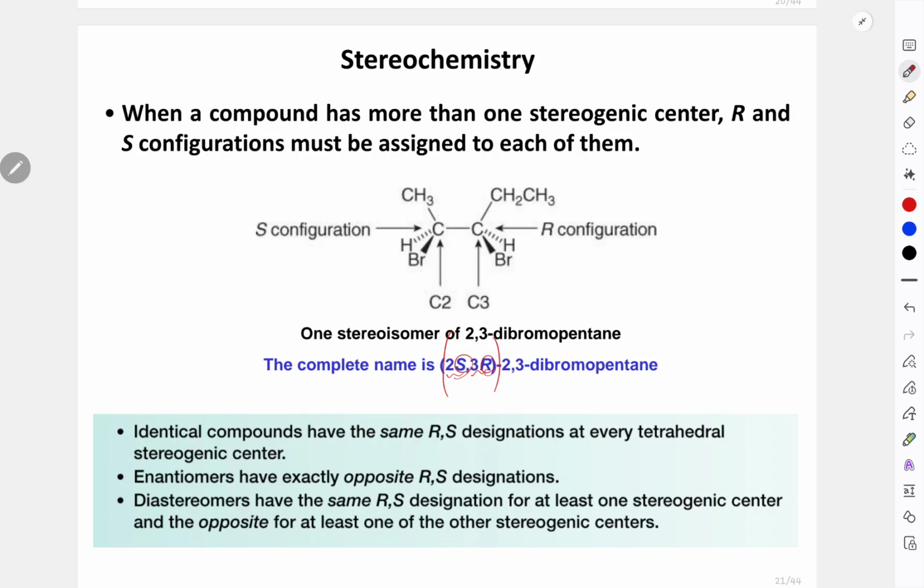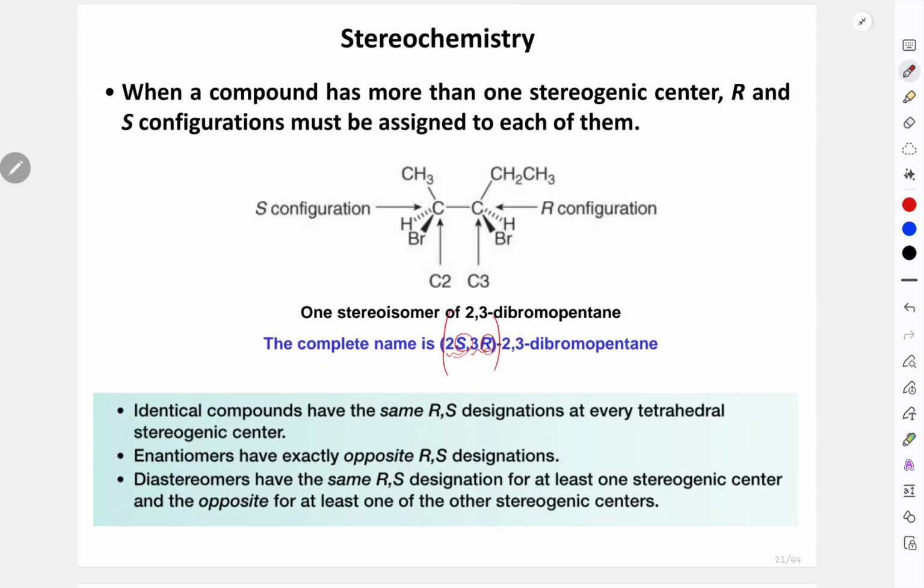You can take a look at the notion here. The identical compounds have the same RS designations at every tetrahedral stereogenic center. Enantiomers have exactly opposite RS designations. So, for instance, you can think about then 2R, 3S 2,3 dibromo pentane, and these two can be in a relationship as enantiomers.